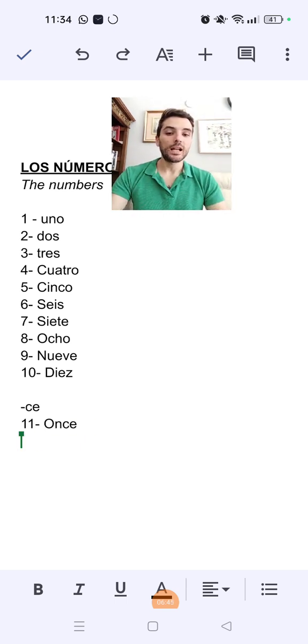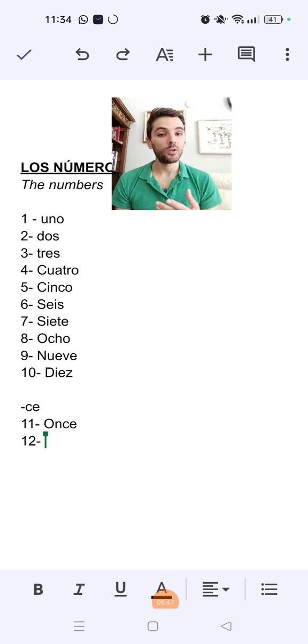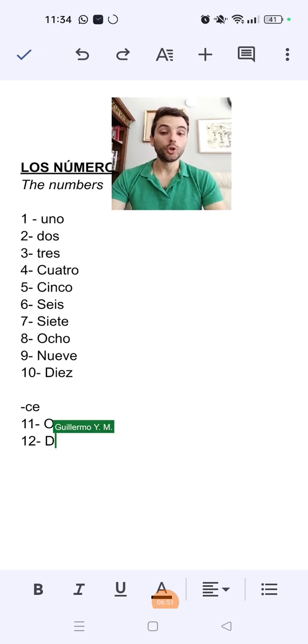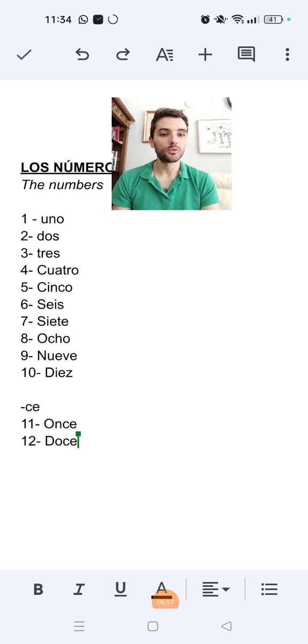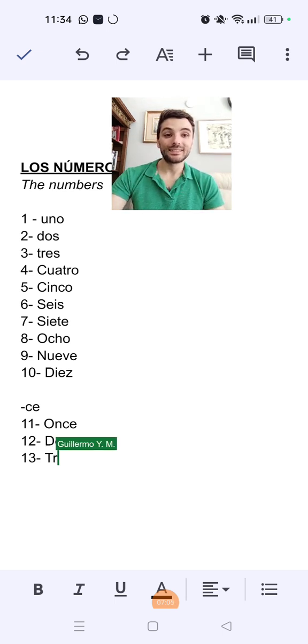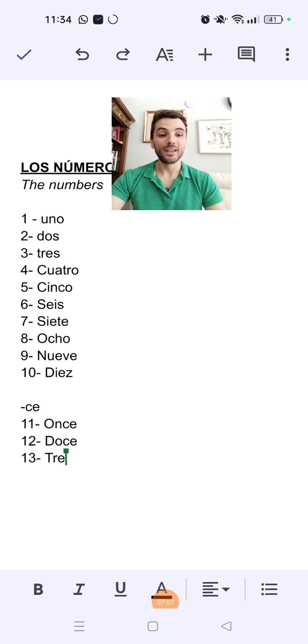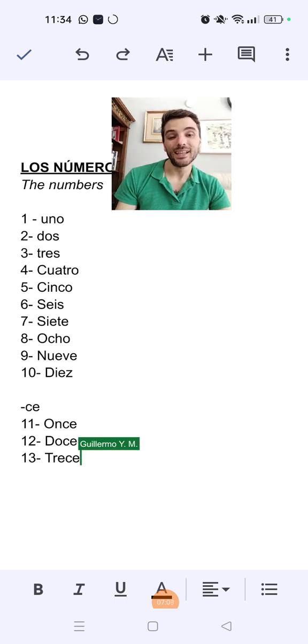Okay, now for this one, you might have guessed it correctly because this is 12. Okay, we took the S out. All right, good job. Now, what about for this one? What do you think? So we have the number 3, and then we add ce at the end, 13.